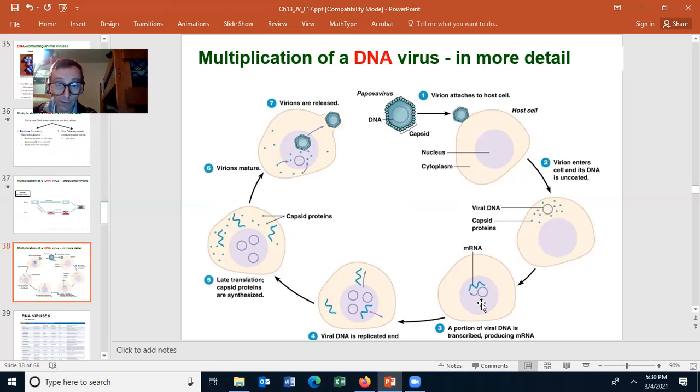And then while it's in the nucleus, the viral DNA will be transcribed into viral RNA, including viral messenger RNA. The messenger RNA will move into the cytoplasm. The viral messenger RNA will be translated into viral proteins.